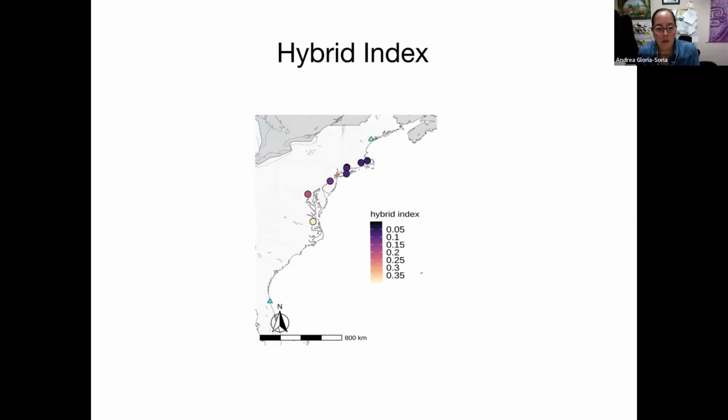And so we used this measure called the hybrid index again, which does precisely that, and we plotted it on the map. And not unexpectedly, the mosquito populations with the highest quinquefasciatus percentage were more in the south. And as you move north, we see this quinquefasciatus ancestry dropping little by little.